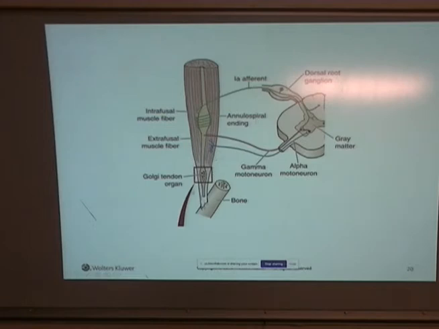And this picture ties the two together. It doesn't have the nerve supply from the GTO, but here's the spindle. So the spindle gets stretched. It sends a signal to the spinal cord, and synapses, and comes back to the muscle to contract.